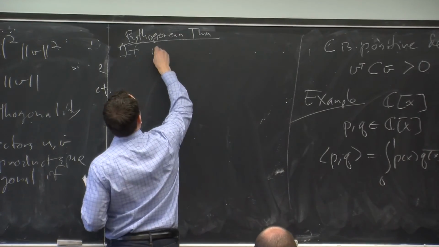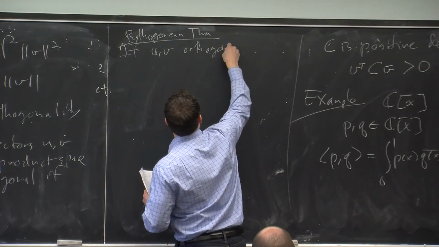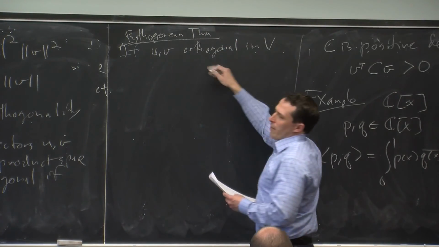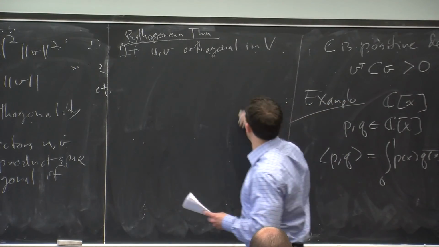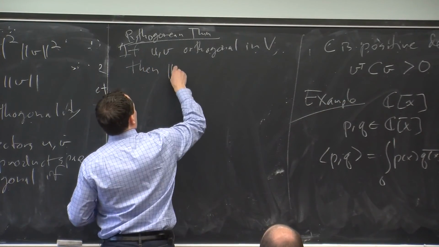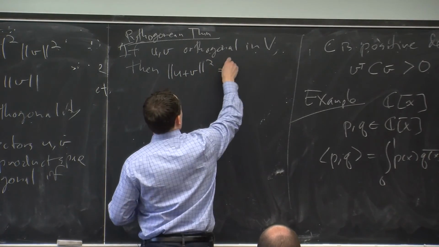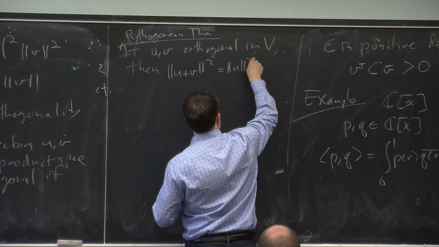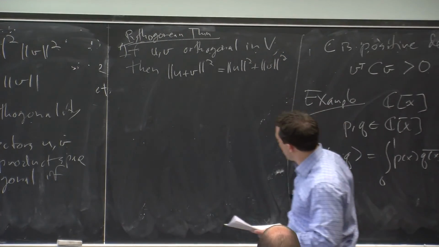If I have two vectors which are orthogonal in V, and if I say they're orthogonal in V, that means that there has to be an inner product on V, so V is an inner product space, then the norm of u plus v squared is the norm of u squared plus the norm of v squared. That's Pythagoras' theorem.